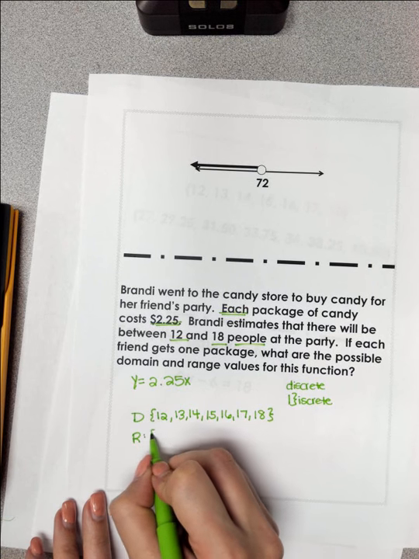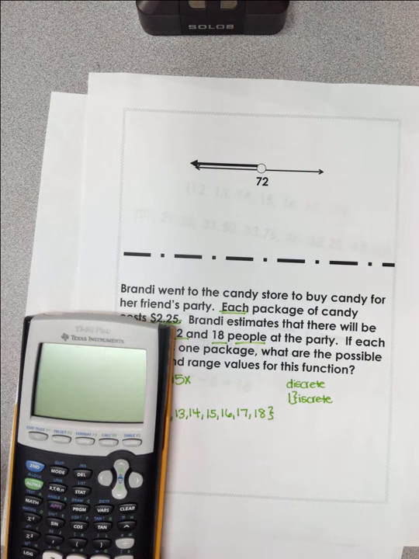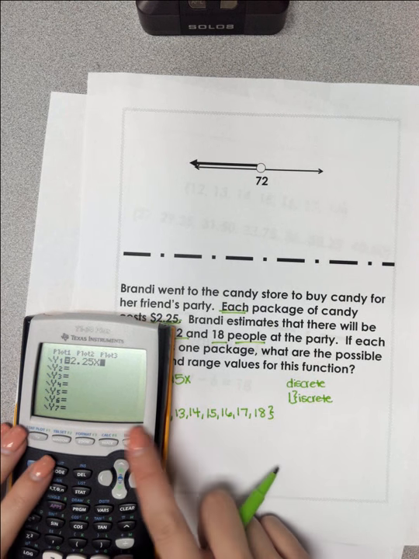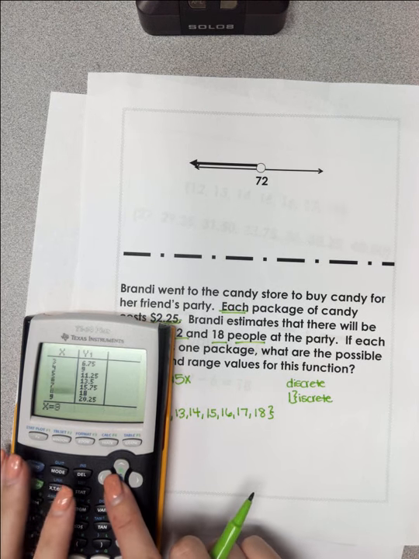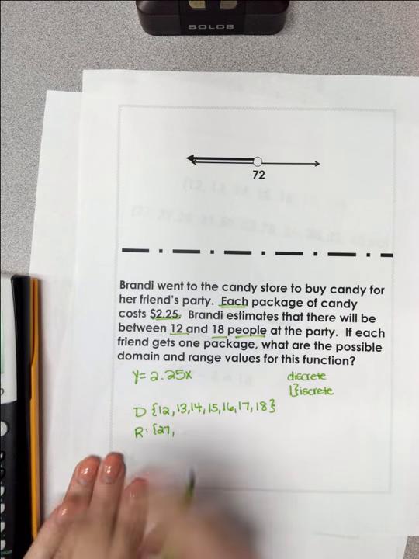For the range, we need to find the y values that match up. So I'm going to plug this in my calculator, 2.25x. And what matches up with 12? 27.